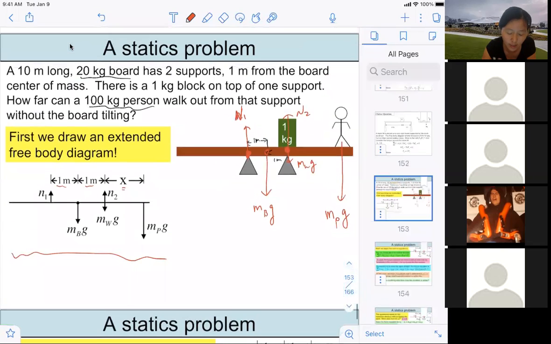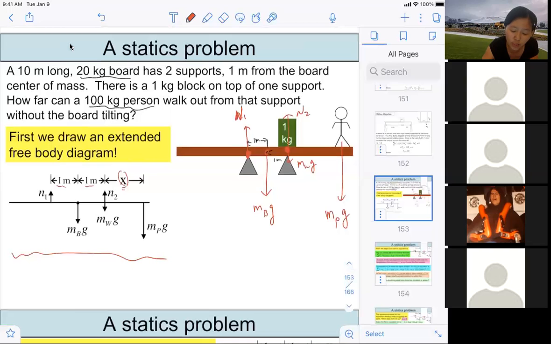So the problem is asking, what makes this x so special? What makes x special is we want to see the furthest distance you can walk without the board tilting over. So it's talking about a critical point, just like when we did the roller coaster problems, where we were asking what is the slowest speed that you can have to make it over that loop at the top point, the critical point. It's the same here.